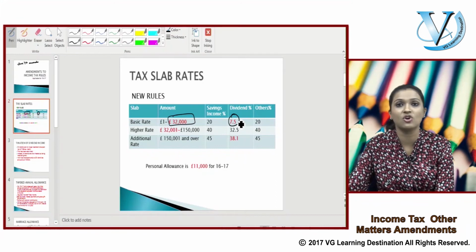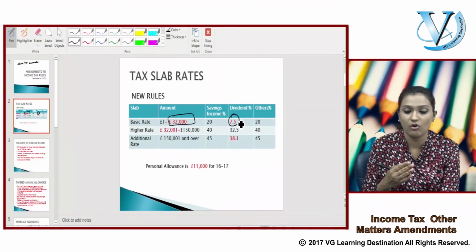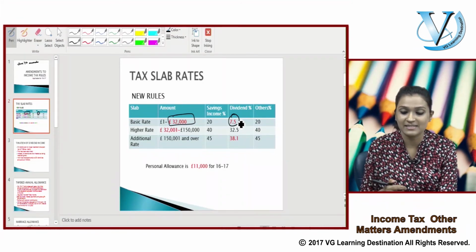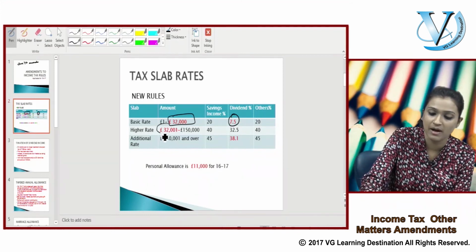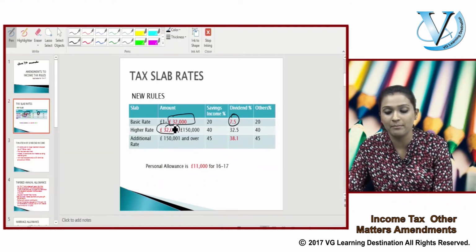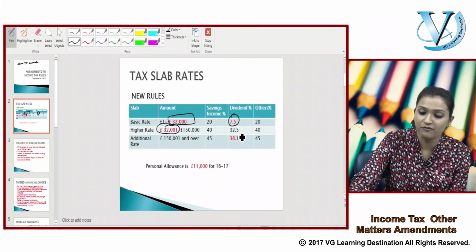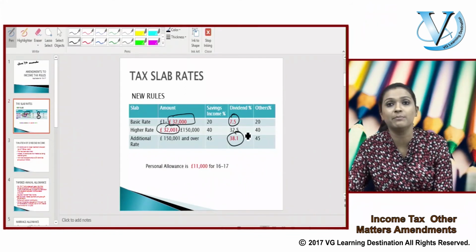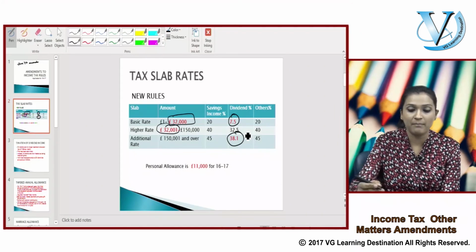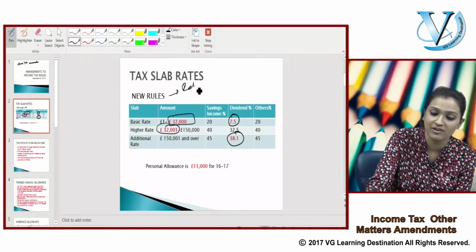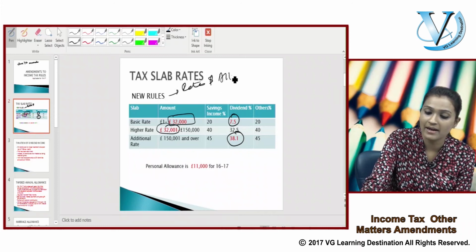Also changes is your beginning threshold level of the higher rate tax band, which comes out to be £32,001. Also changes is your additional rate taxpayer rate for the dividend income to 38.1%. Now remember, this will be provided to you in your rates and allowances sheet.